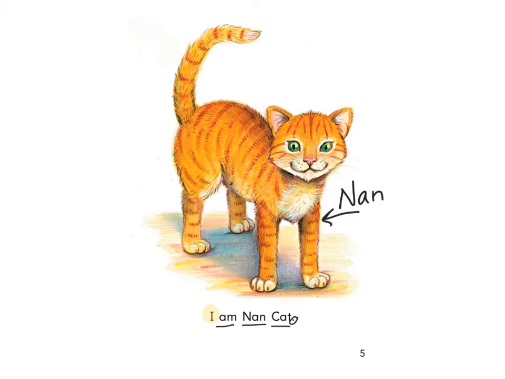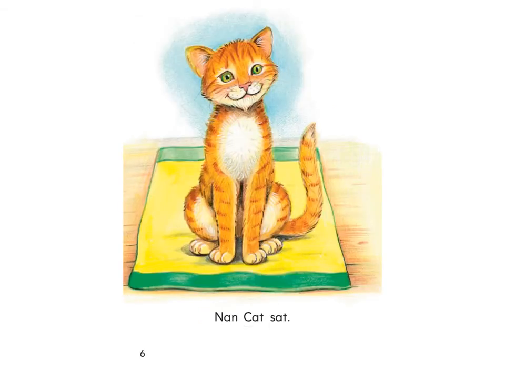Okay, pencils down, fingers ready at the bottom. Need to see your fingers ready. Let's read it together. I am Nan Cat. Okay, so she looks a little different. She's an orange looking cat with stripes. Next page. All right, I don't see any sight words, but I do see some short A words.